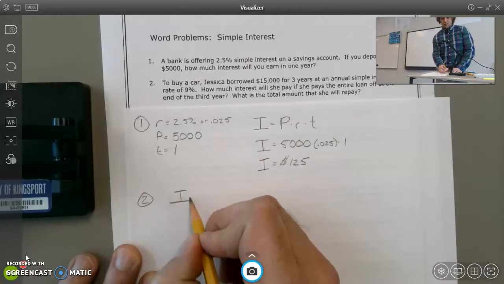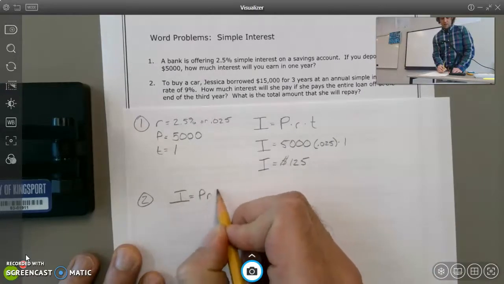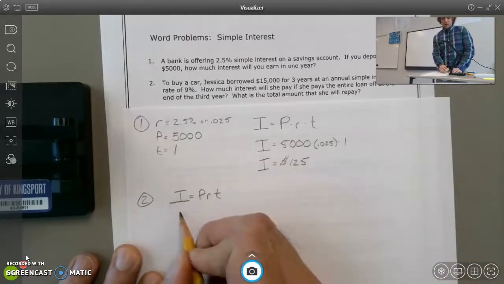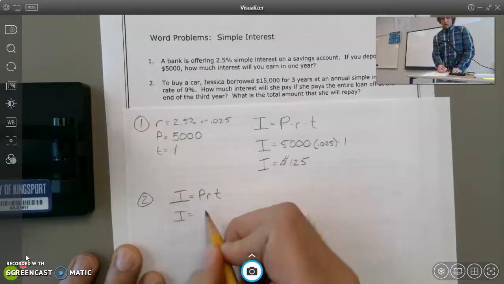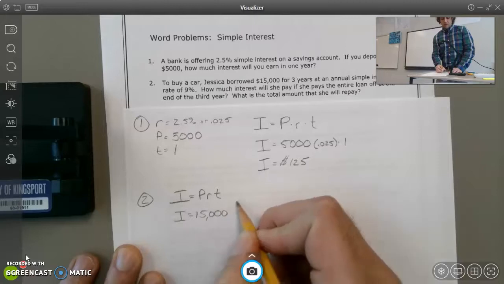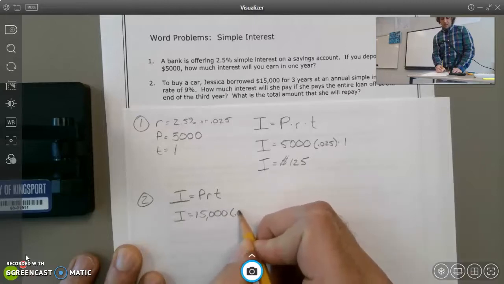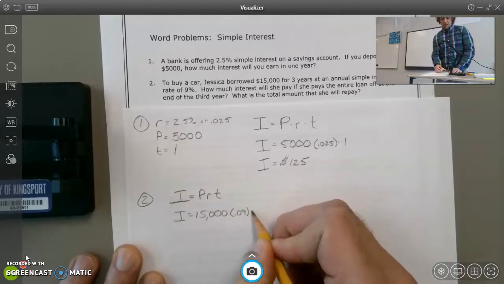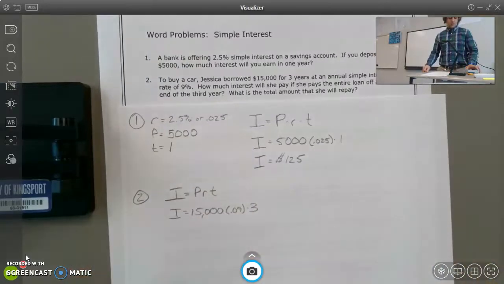Interest equals principal times rate times time. The interest is going to be equal to a principal of $15,000 times 9% times 3 years. So I can just put that in my calculator. 15,000 times 9% times 3 years.